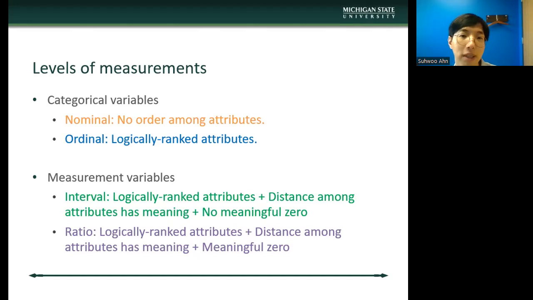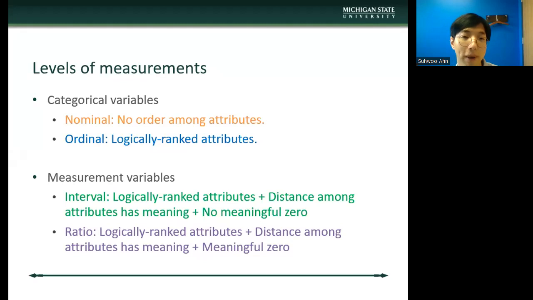Another characteristic of the interval measure is that it has no meaningful zero, which means that the zero value of the variable is arbitrary, like temperature. What is the meaning of 0 degrees Fahrenheit? Does it feel like nothing? It is just arbitrary, and the 0 has no meaning.